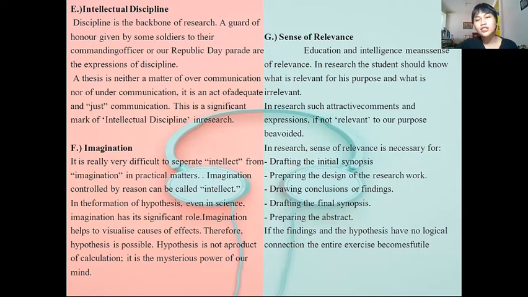In research, such attractive comments and expressions, if not relevant to our purpose, we avoid. In research, sense of relevance is necessary for, we have 5 points here. If the findings and the hypothesis have no logical connection, the entire exercise becomes futile.